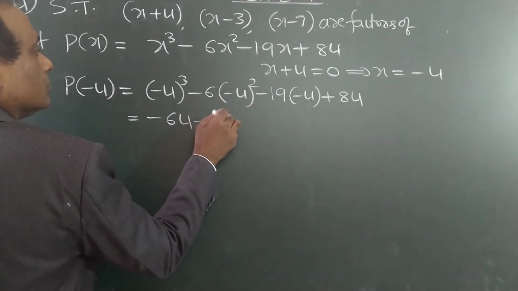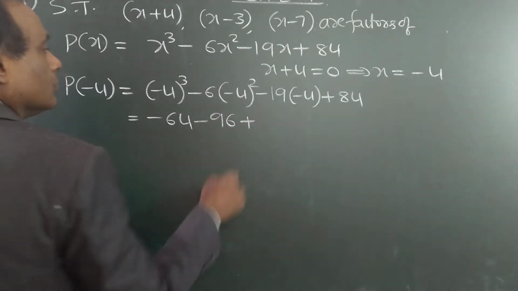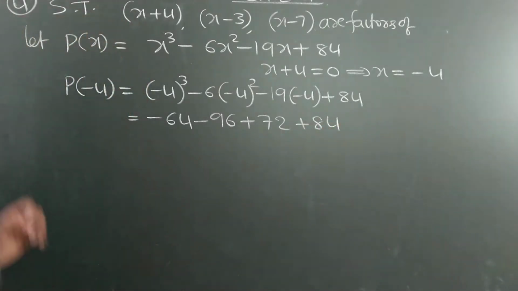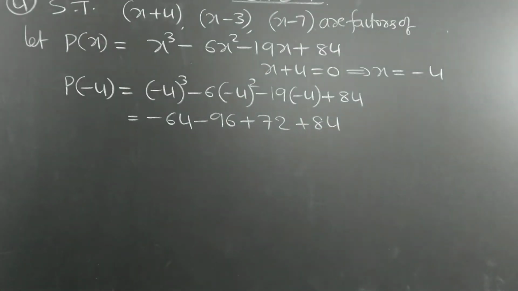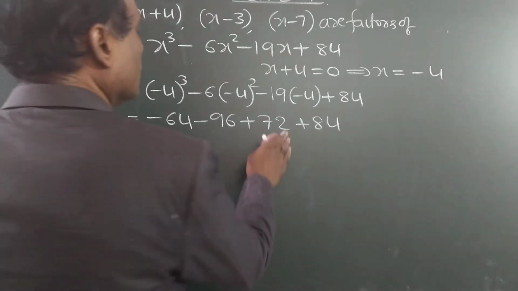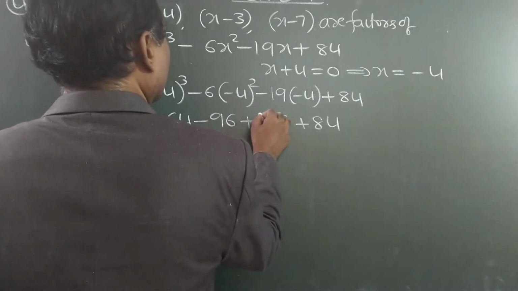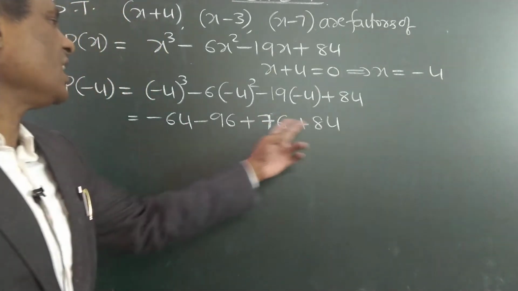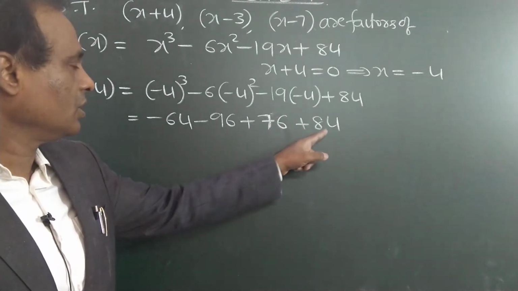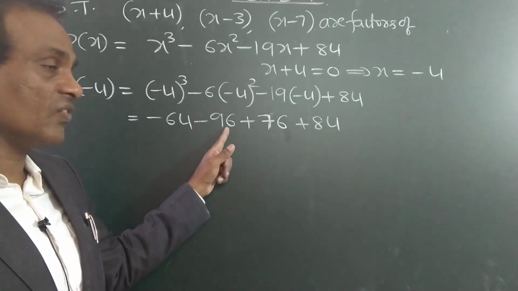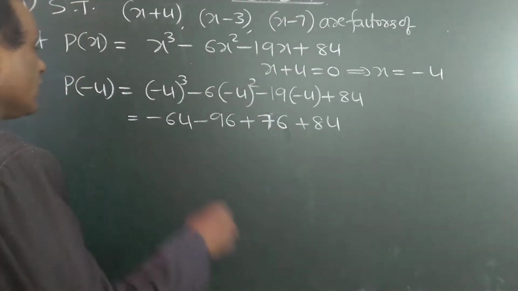Plus 84, plus terms, 64, 96, 160, minus 160 plus 160, 0.